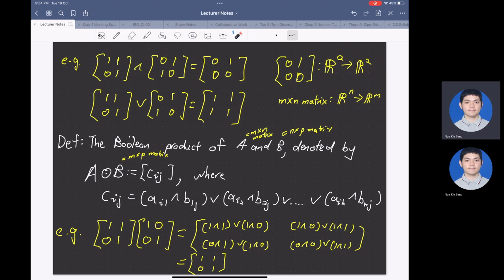This is why we care about matrices. Matrices can compactly deal with a lot of functions together. Any questions or not?